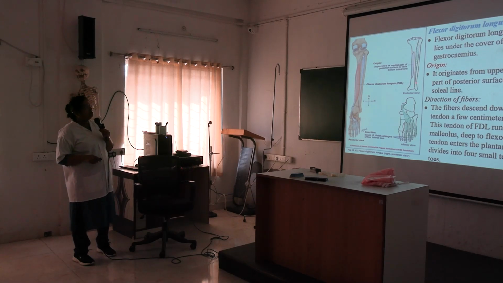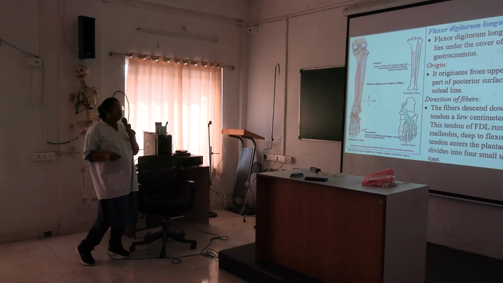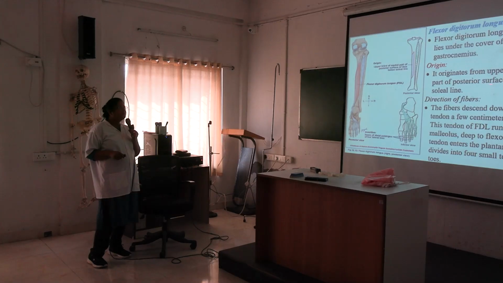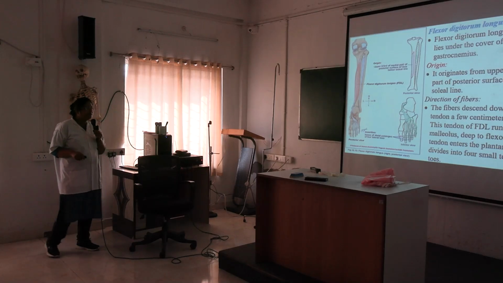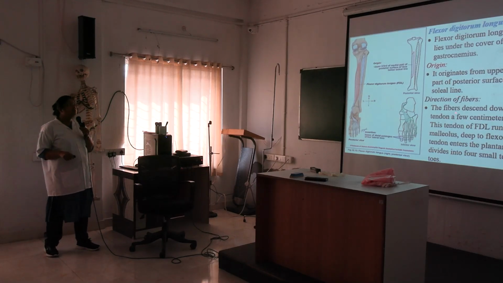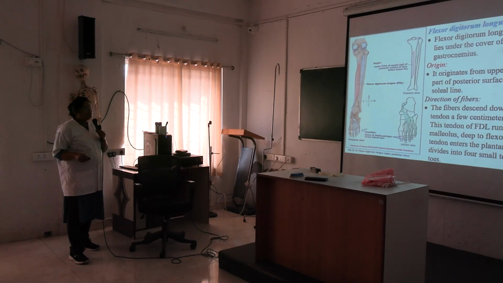And here is the origin. Originates from upper 2/3 of the medial part of posterior surface of tibia below the soleal line. And this is direction of fibers. The fibers descend downward and give rise to a tendon a few centimeters above the ankle joint.